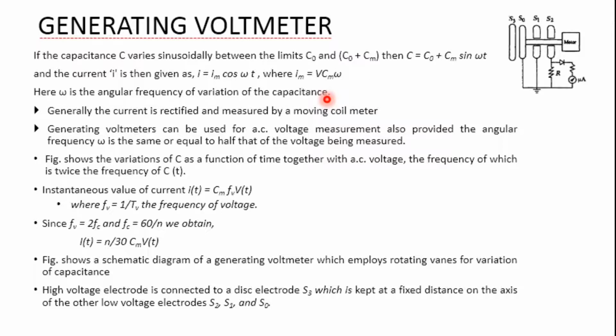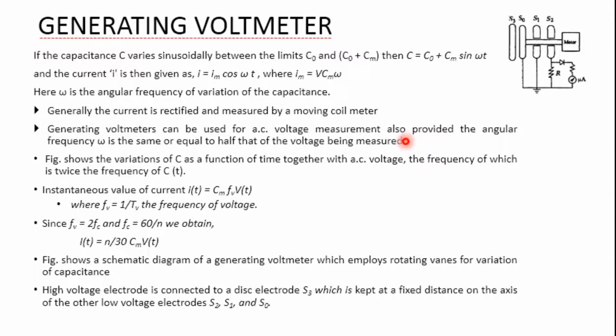Generally the current is rectified and measured by a moving coil meter. The generating voltmeter can be used for DC as well as AC voltage measurement, provided the angular frequency omega is equal to half that of the voltage being measured.